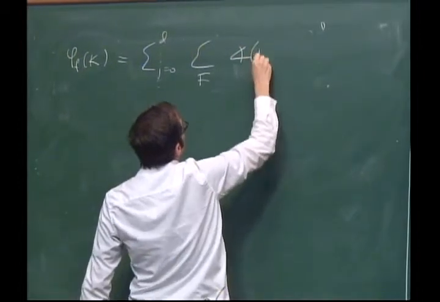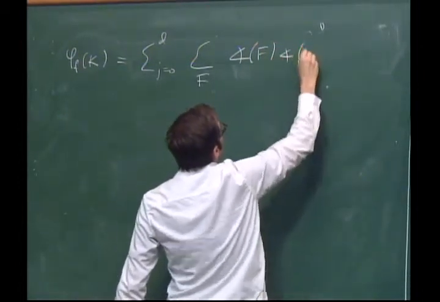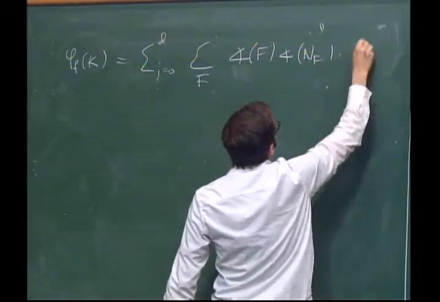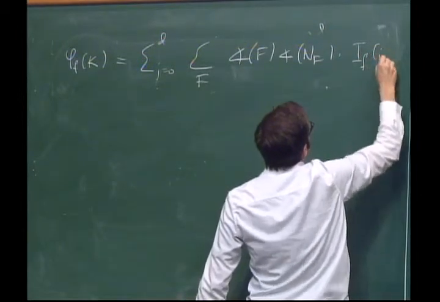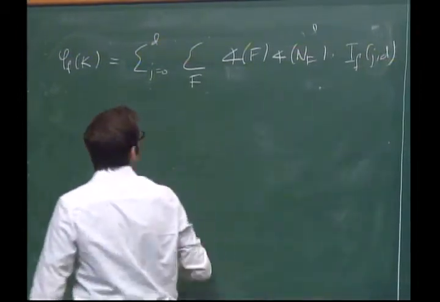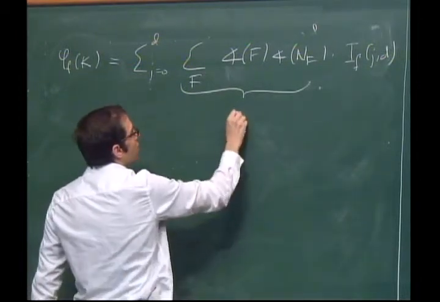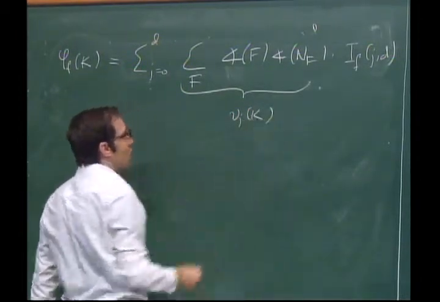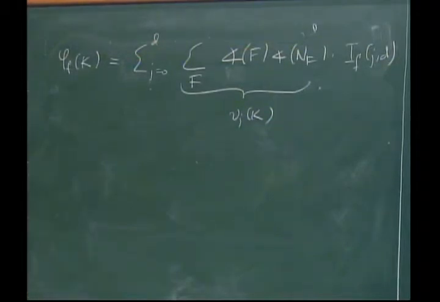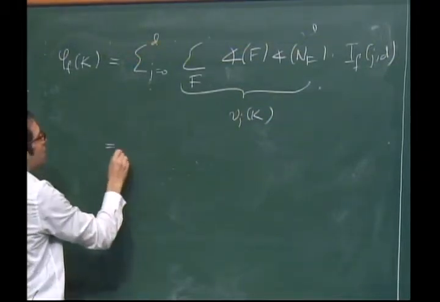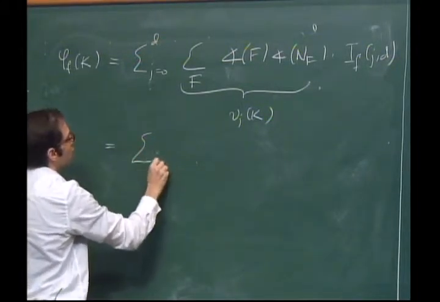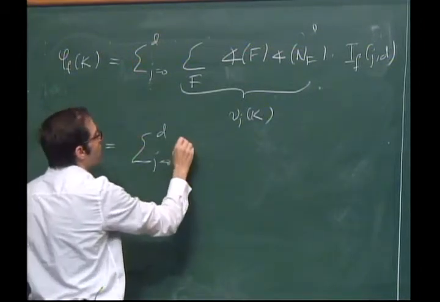And we computed this integral to be the product of these two solid angles times this function I_F. This is the jth intrinsic volume. And we wind up with an expression that's almost of the type that we need.